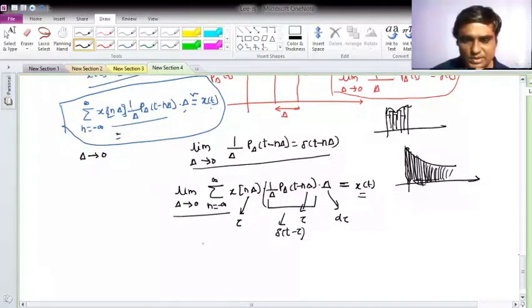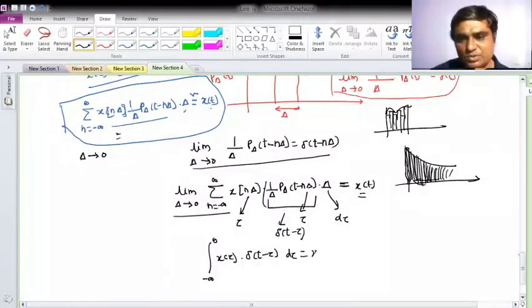And this can be approximated in continuous form. So in continuous form, it will be the integral from minus infinity to plus infinity of x of tau into delta of t minus tau d tau, and this has to be equal to x of t.